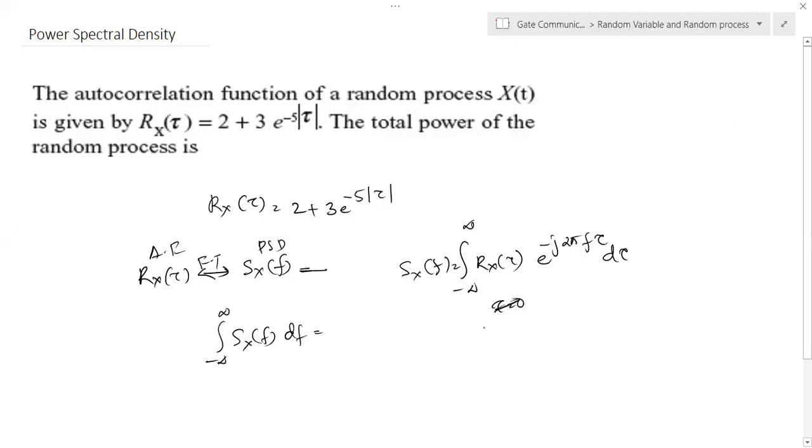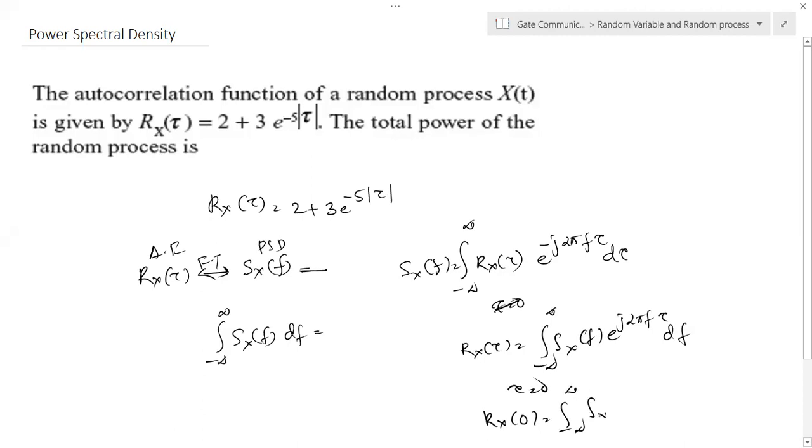Similarly, the inverse Fourier transform equation, that is Rx of tau, will give you integral minus infinity to infinity Sx of f e raised to j 2 pi f tau into df. So if you substitute tau is equal to 0 in this particular equation, Rx of 0 will give you integral minus infinity to infinity Sx of f df.